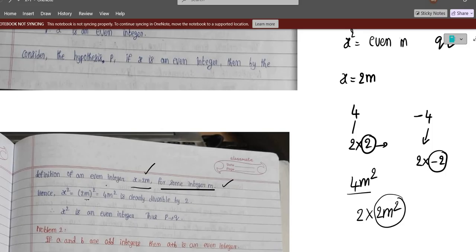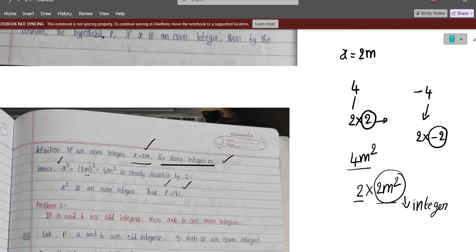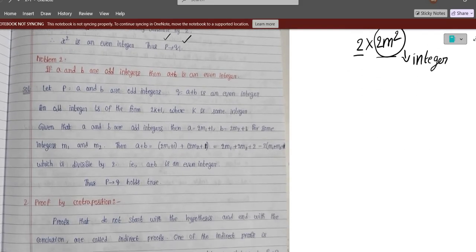This is again an integer. If a number can be written as 2 into some integer, then it is called an even integer. That's why x square can be written as 2 into 2m square. So x square is an even integer. So here we assumed P, we proved Q. Second question.